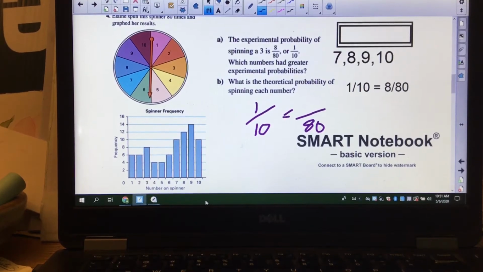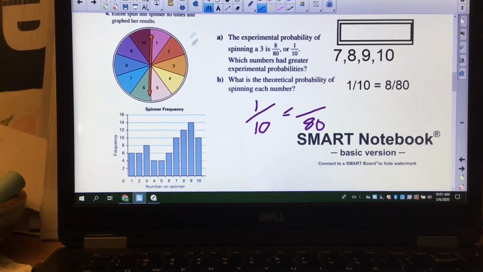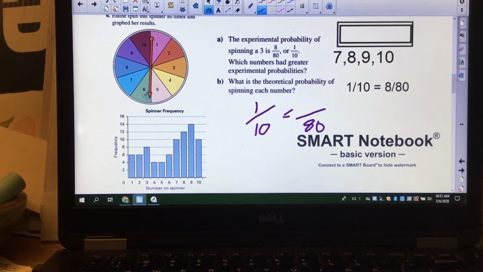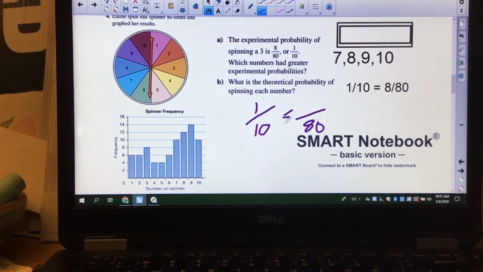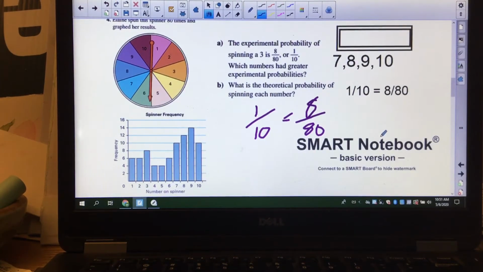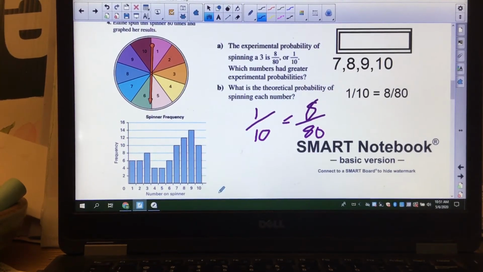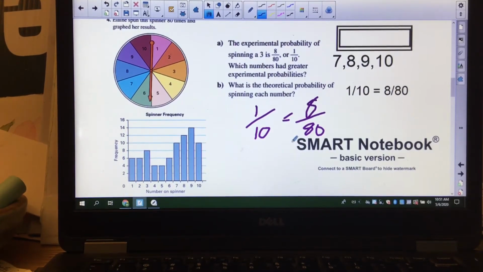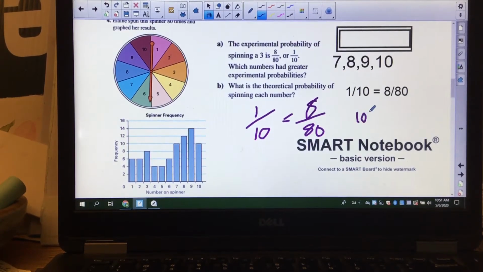If I did this 80 times, I would expect 1 out of 10 to be equal to 8 out of 80. That's the theoretical probability. So you'd be looking at 10%.